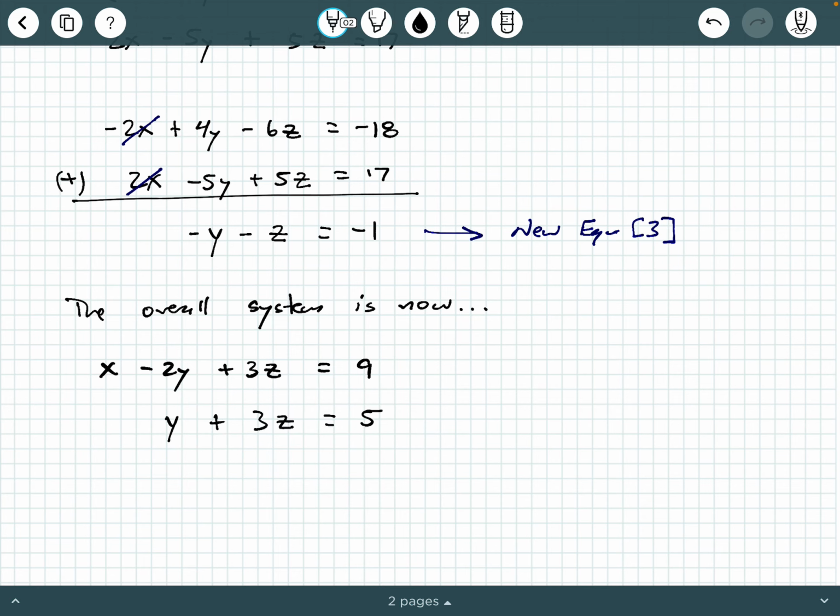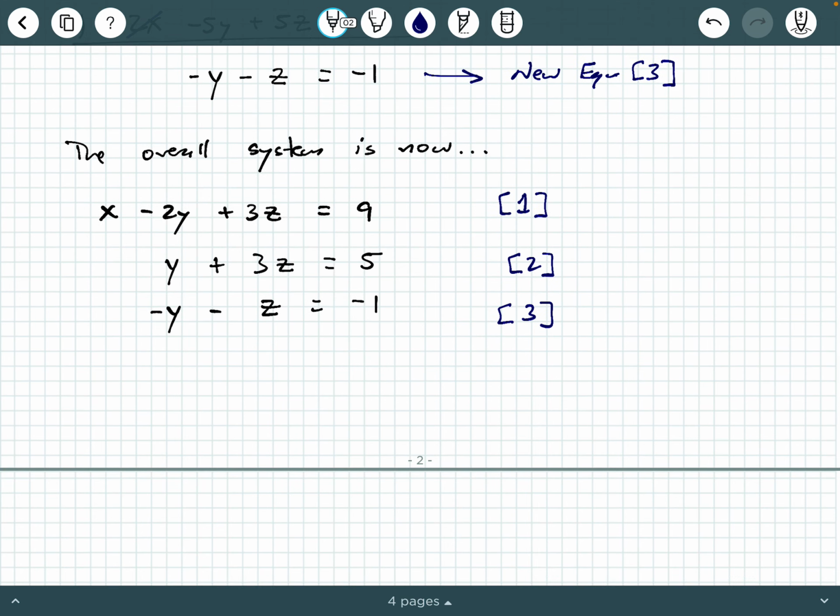And now we have a new equation 3 of -y minus z equals -1, okay? And so, again, all we've done to equation 1 is we've used it as like a tool to modify and change things in equations 2 and 3.